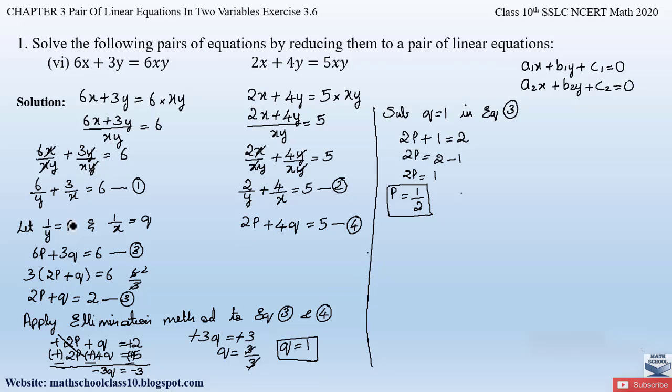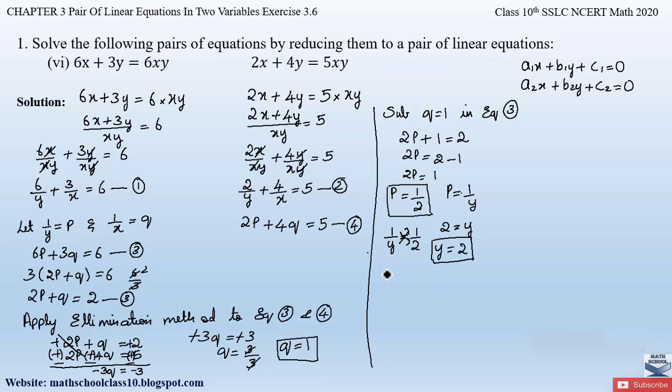So we got q equal to 1 and p equal to 1 by 2. But initially we had assumed p as equal to 1 by y, right? So let us equate the right hand sides of p, since the left hand side is equal. So we get 1 by y is equal to 1 by 2. Cross multiplying, we get 2 into 1 is 2 is equal to y into 1 as y. So therefore we get y is equal to 2.